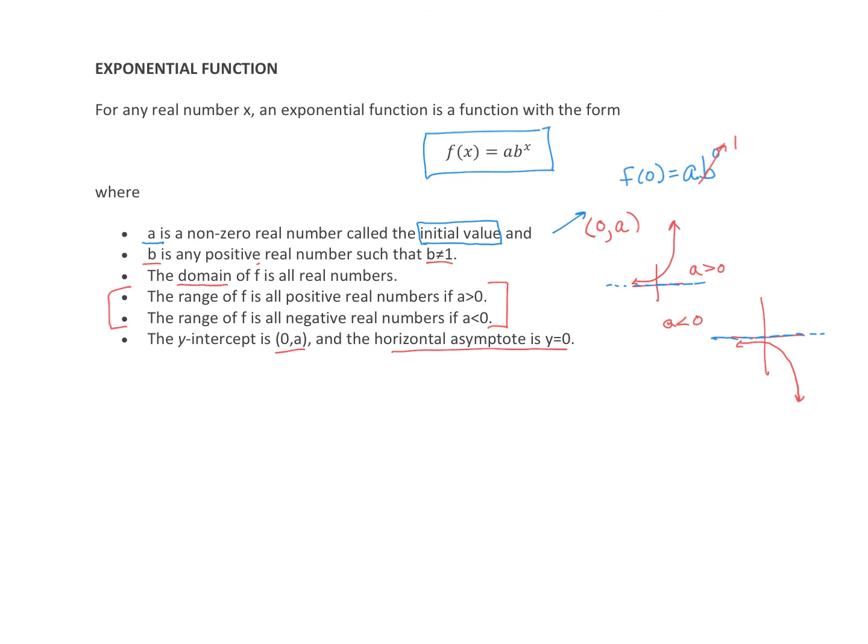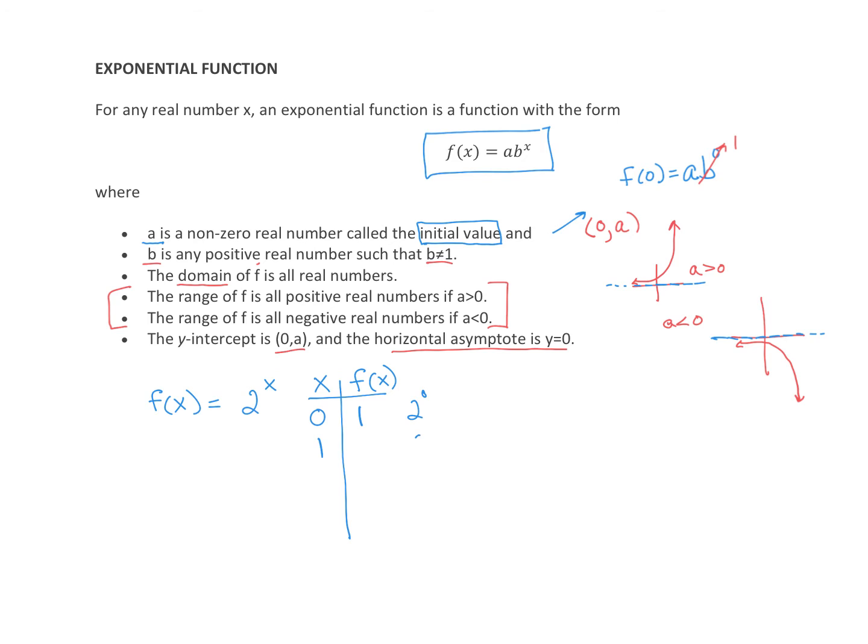So what I'd like to do is take a look at a function, f of x equals 2 to the x, and consider just a table of values. We do have to remember some of our rules of exponents. If x is 0, 2 to the 0 is 1.